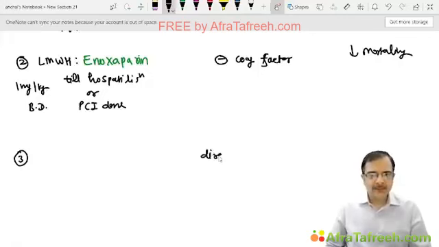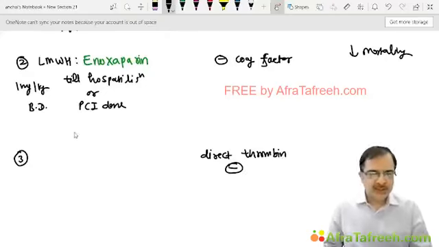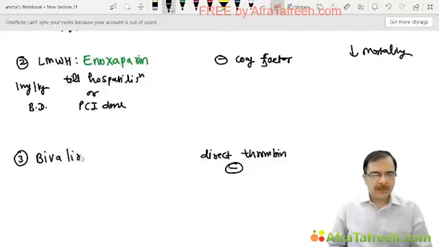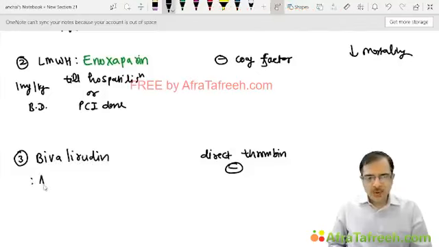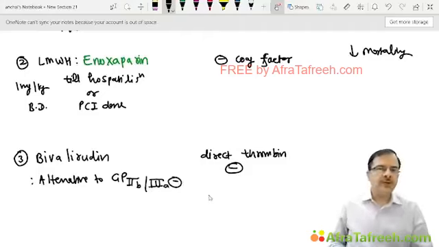Number three is a direct thrombin inhibitor. This is the agent which is considered an alternative to the glycoprotein 2B3 inhibitor.